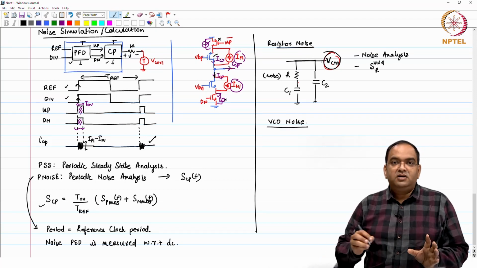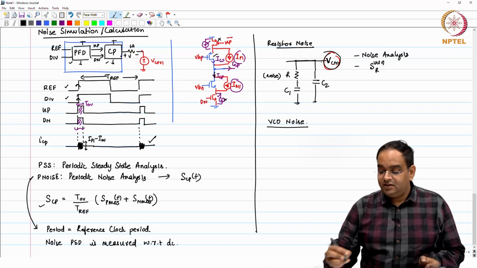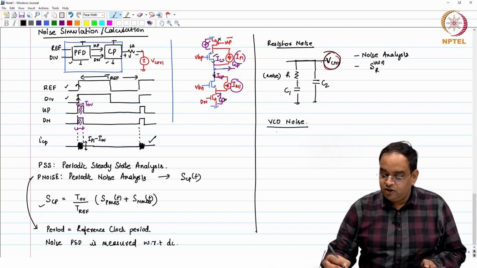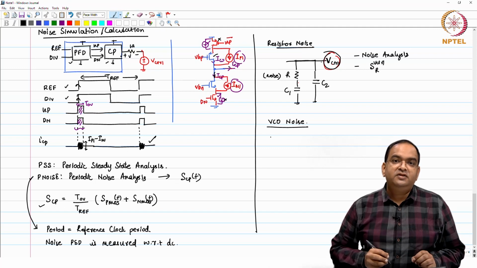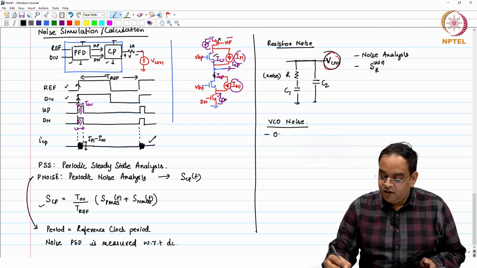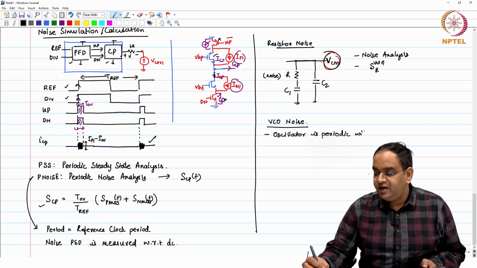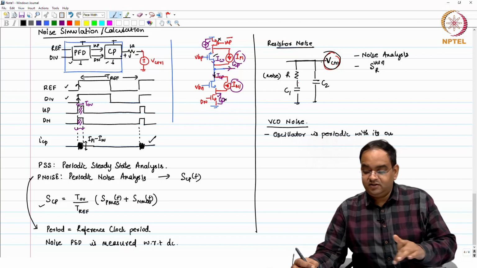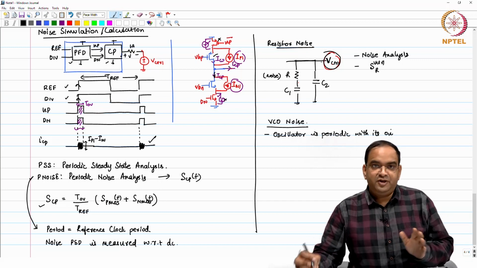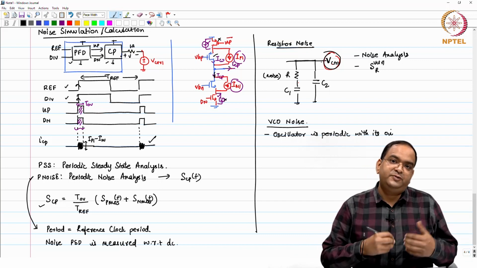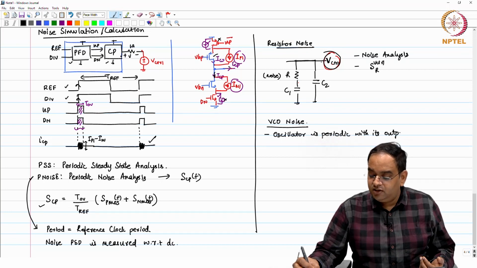But the only thing which is important here is that a VCO, or an oscillator, is periodic with its output period. You cannot say that it is periodic with the reference frequency, because a standalone oscillator is periodic with its output clock period.